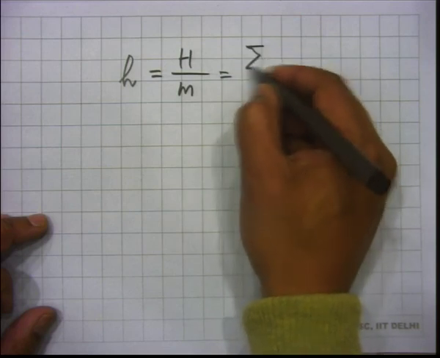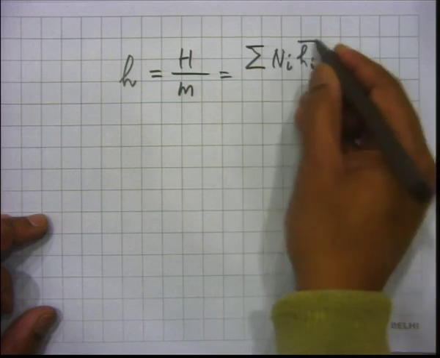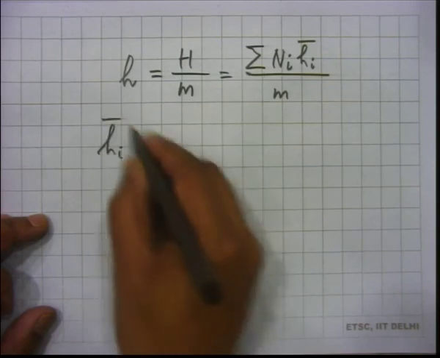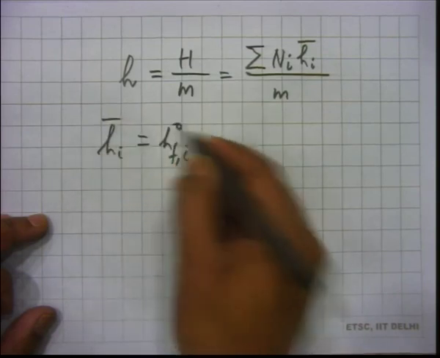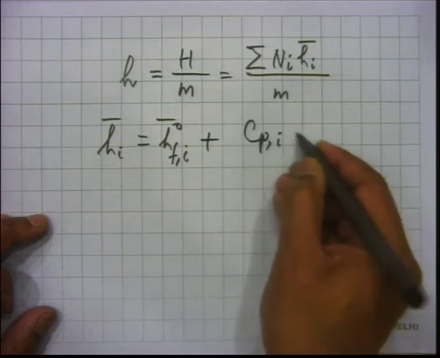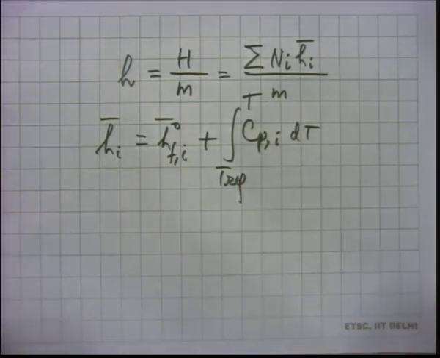h will depend on a summation using a notation something like this, and this h_i bar is the enthalpy of formation of the ith species plus so it depends on the enthalpy of formation.